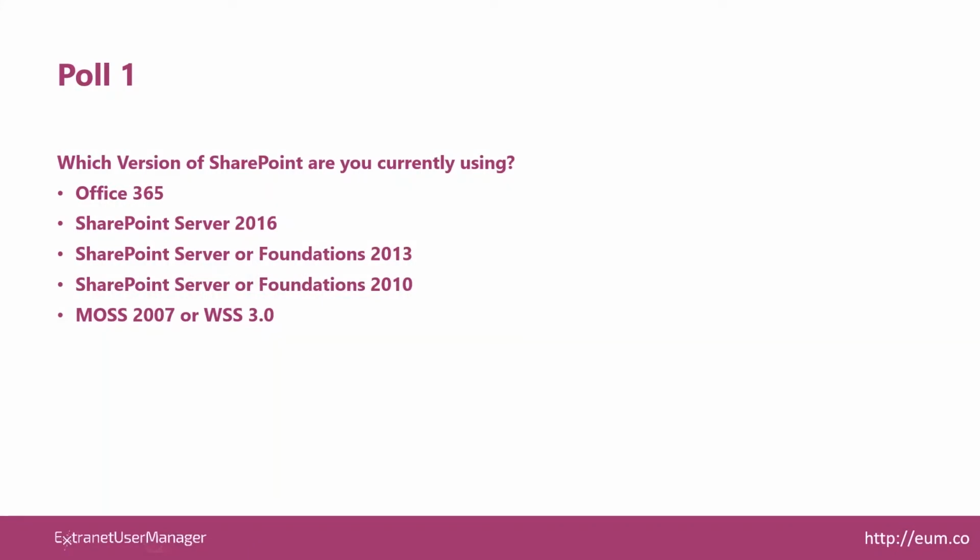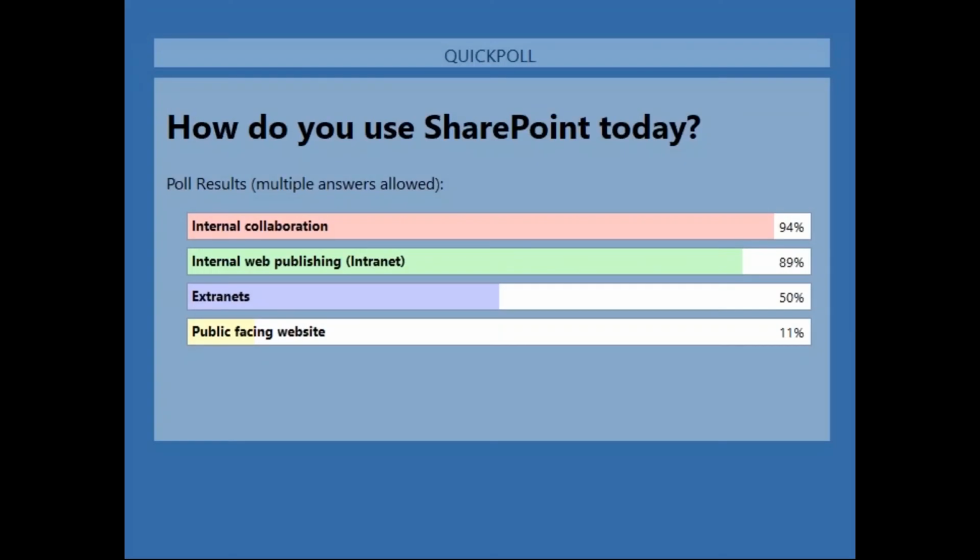All right. So almost everybody's using it from an internal collaboration point of view and from an intranet point of view. Awesome to see. It's a great collaborative workspace. It's a great place to provide communications and broad publishing out to your organization for both those workloads. Not surprisingly, because we're going to be talking about extranets, about half of you are using it today from an extranet point of view. Hoping you'll learn something new and ways you can even improve on what you're doing for that.